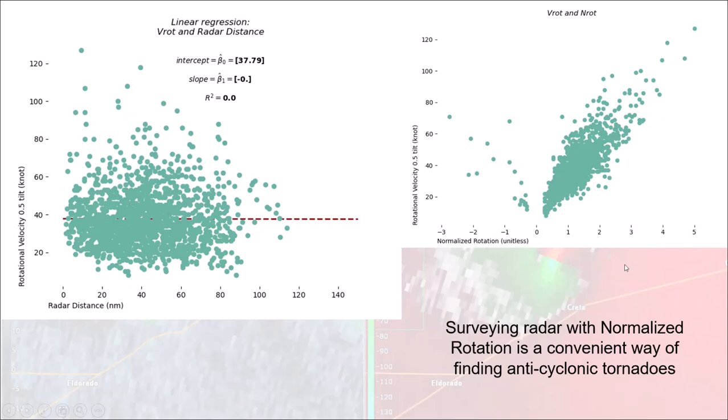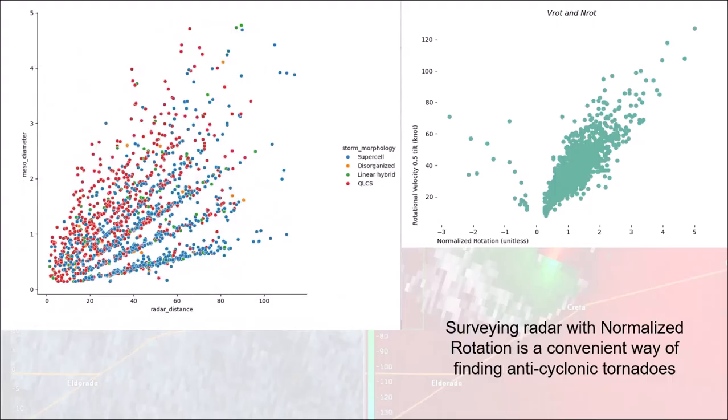The normalized rotation in GR2Analyst also shows a nice relationship, with anticyclonic tornadoes being about proportional in intensity to your cyclonic signatures. And then here's a plot showing radar distance and mesocyclone diameter.